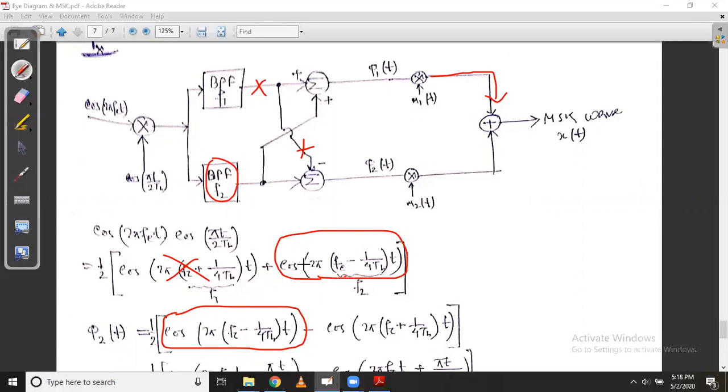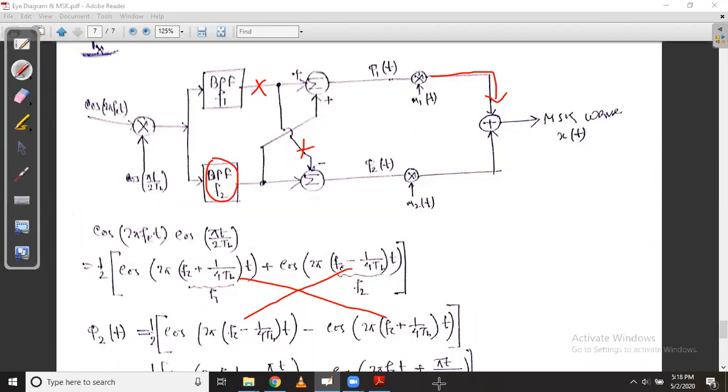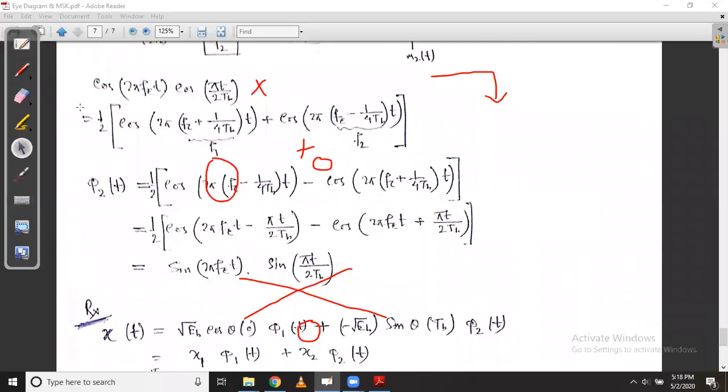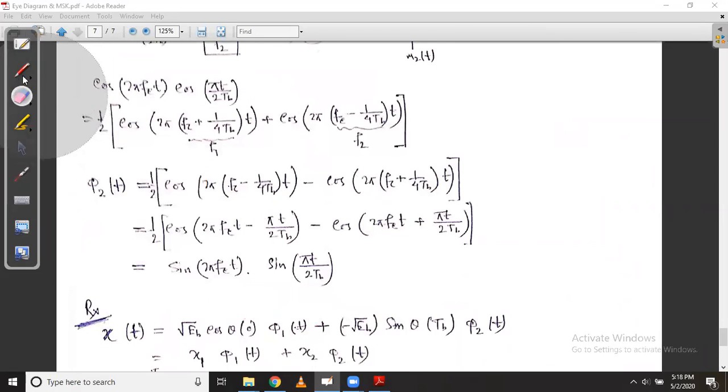So this one minus this term, that means this is coming here, and this is coming here, and a minus symbol is there because of this minus symbol.